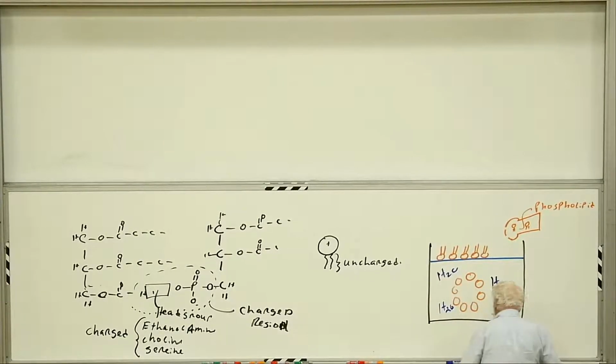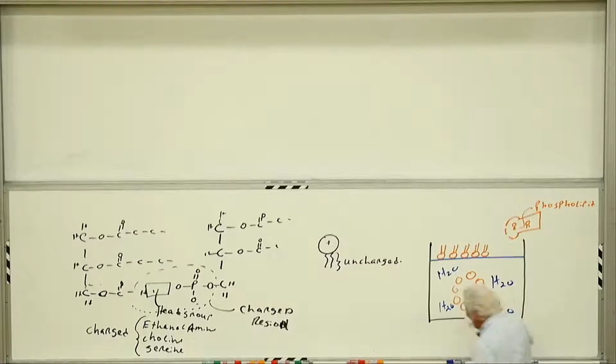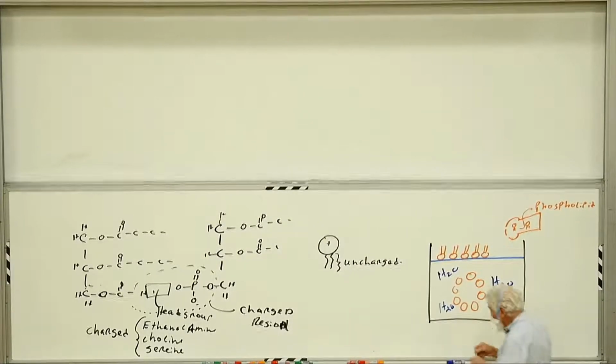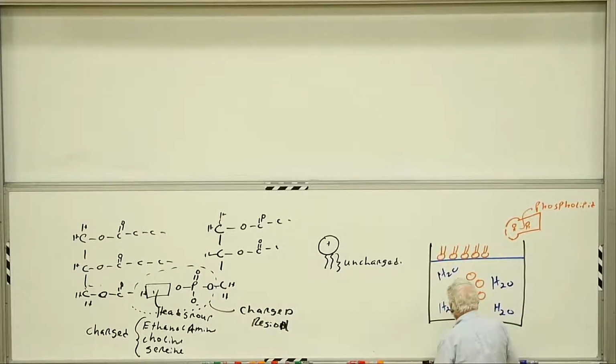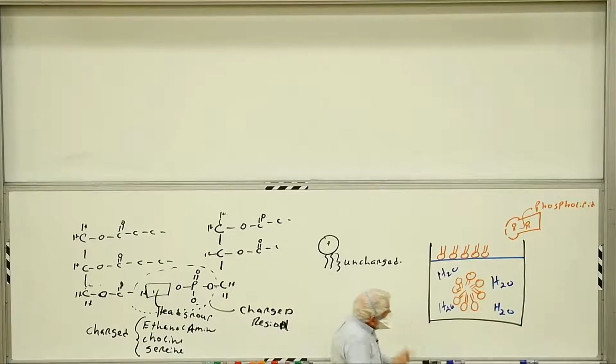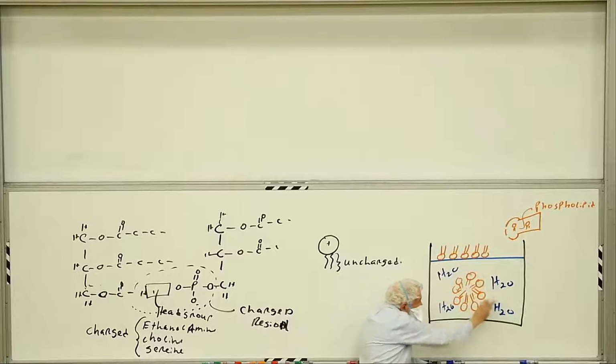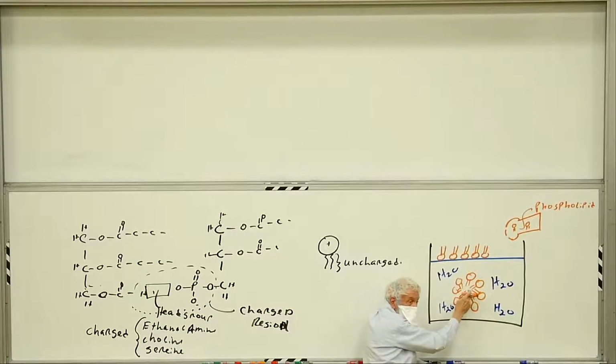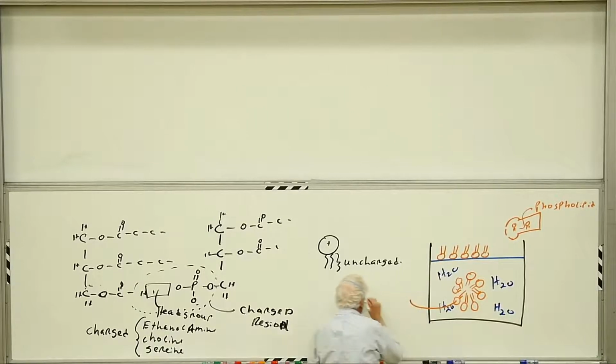So the lowest thermodynamic state theoretically would be to have these head groups pointing to the water and the tails now pointing away. So this sort of structure, where we have a single layer of phosphate head groups facing the water and the tails pointing inward, has a name. It's called a micelle.